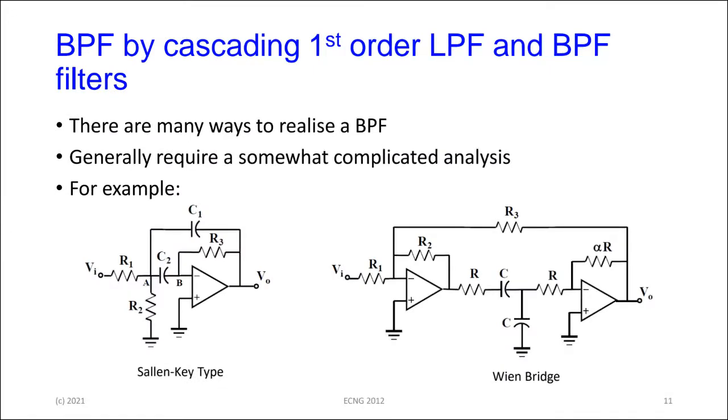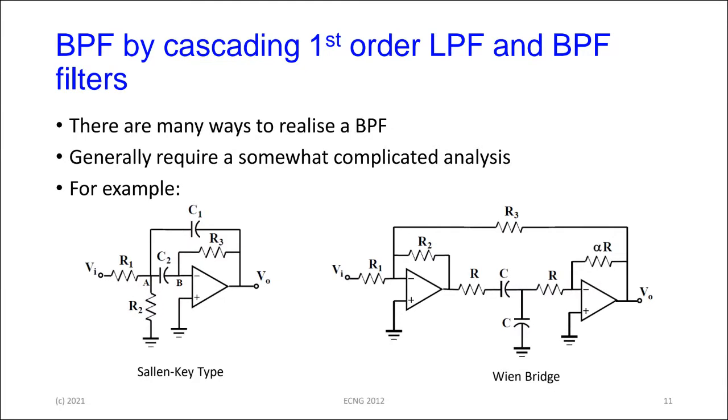All right. Now, there are many ways. There are books on this, and in fact, if any of you do the network synthesis course in level 3, you're going to see a whole number of ways of realizing bandpass and filter characteristics.